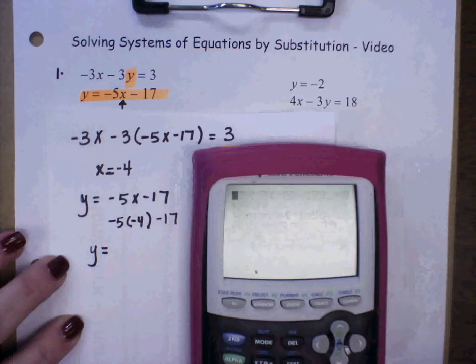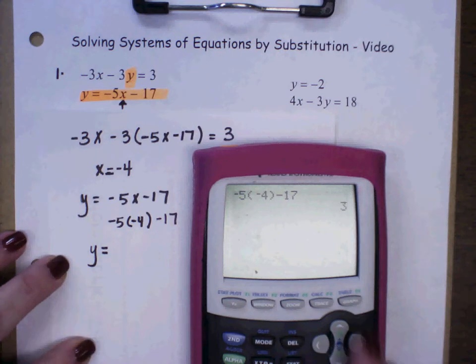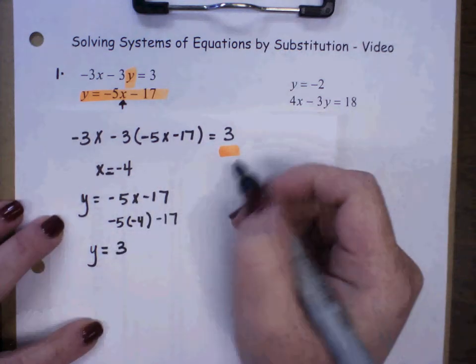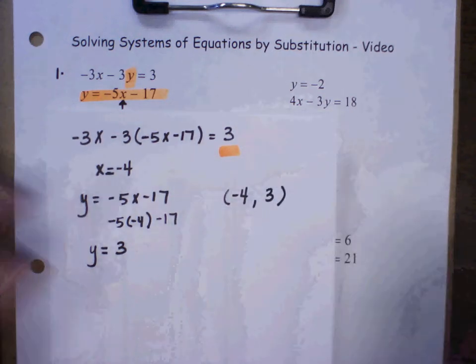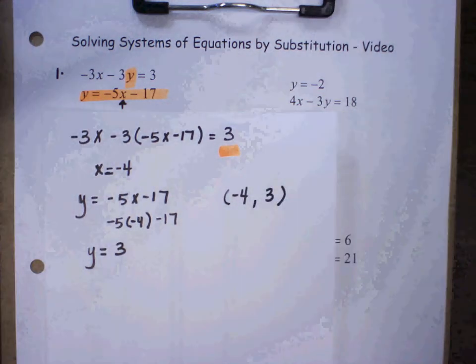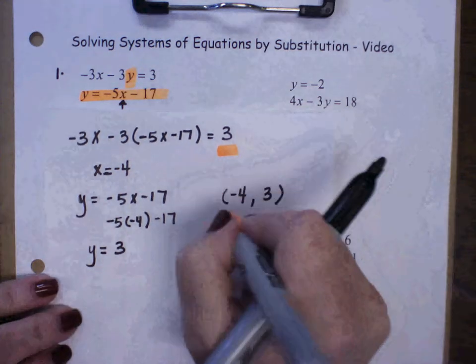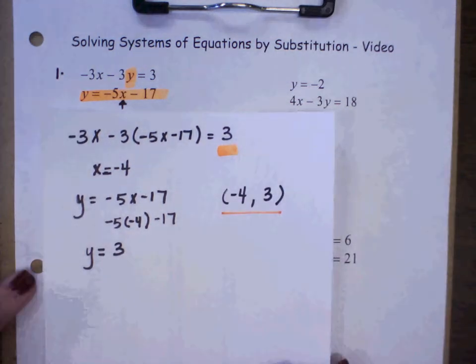And then you can do that in your head because that's pretty easy to do, or you can go ahead and do it in the calculator. Either way is okay. So y equals 3. So the solution for this particular system would be negative 4 and 3. So that was number 1.